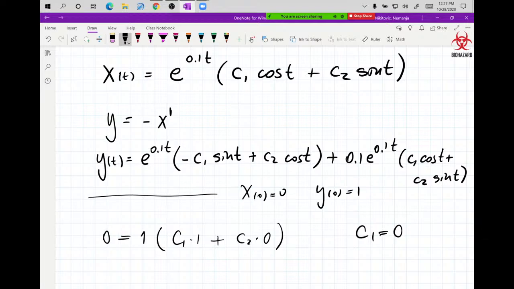Let's put the negative in front. Very good. I was testing everyone, and you clearly passed the test.